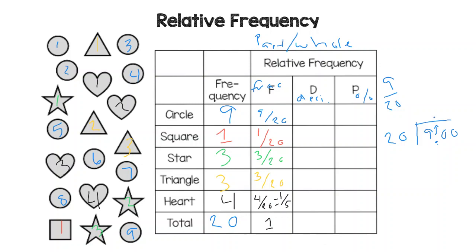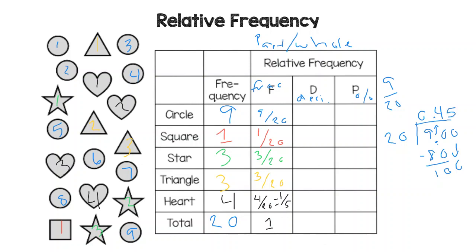Now we're going to say, how many times does 20 fit into 9? It is 0. How many times does 20 fit into 90? 20 fits into 90 4 times, and 4 times 20 is 80. So we're going to subtract 80 from here, and we are left with 10. We're going to bring down this 0, and how many times does 20 go into 100?